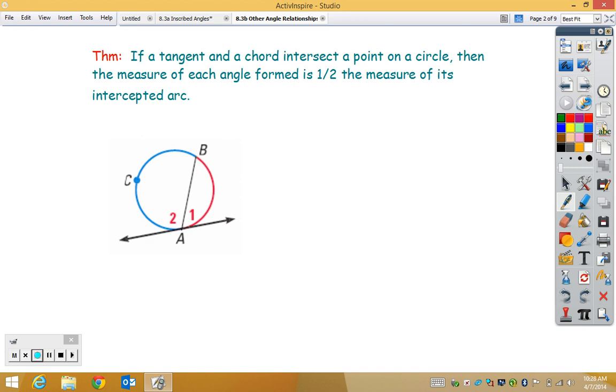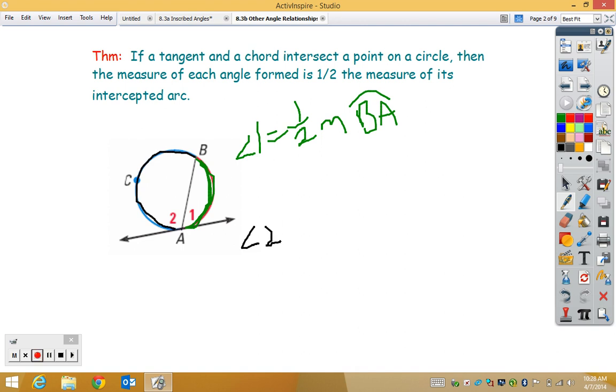So if we look at our two angles, we have a chord AB and we have our tangent line A. They intersect at that point A. Then angle 1 is 1/2 the measure of arc BA, and angle 2 is 1/2 the measure of arc BCA.